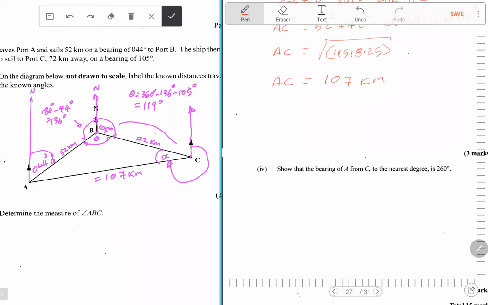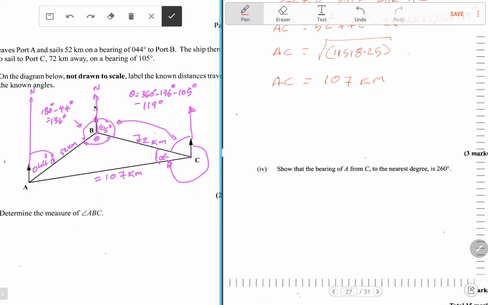Alright, so we have this as 72 kilometers. Call this angle alpha. Now these two angles are supplementary angles.